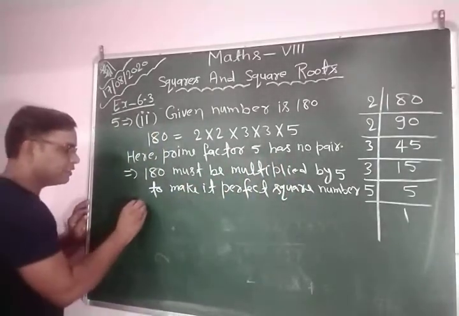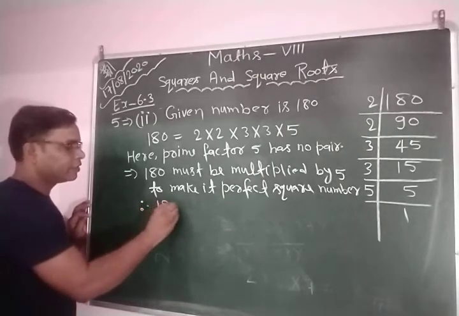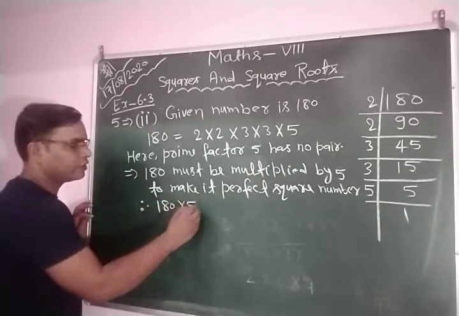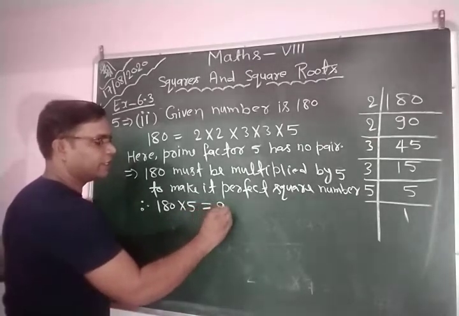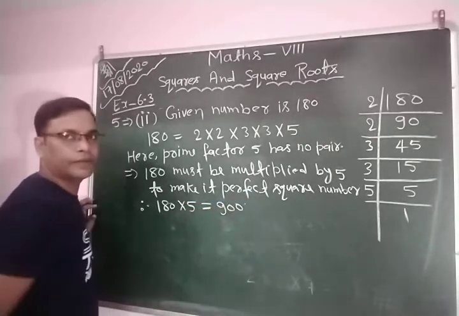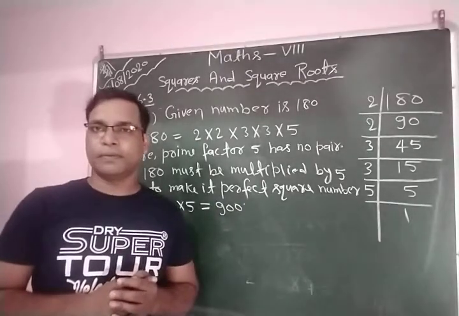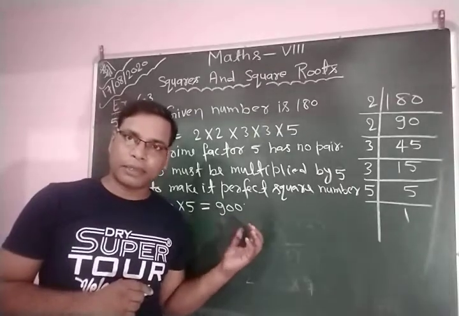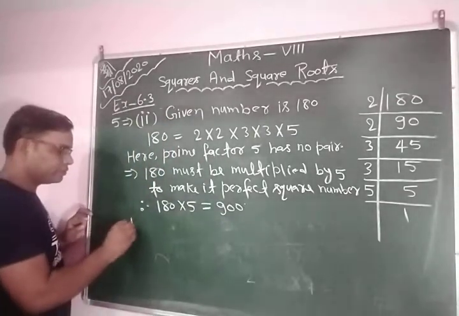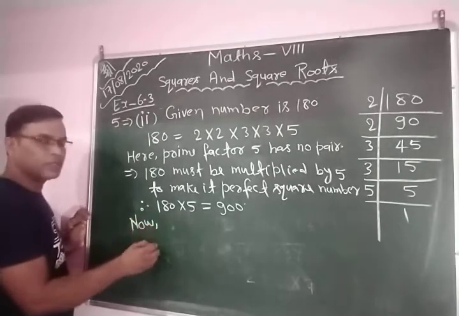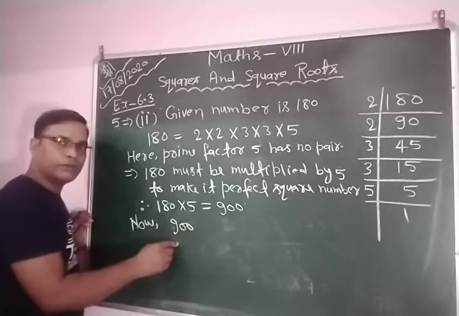So if you multiply 180 by 5, then we obtain 900. Okay, so after this we find the square root of the obtained number.